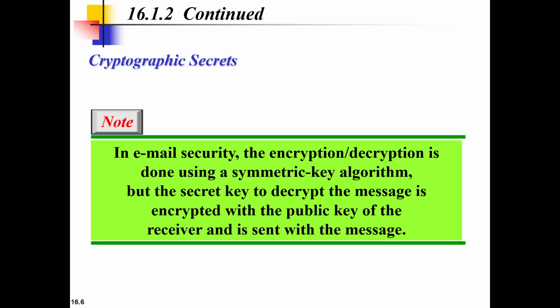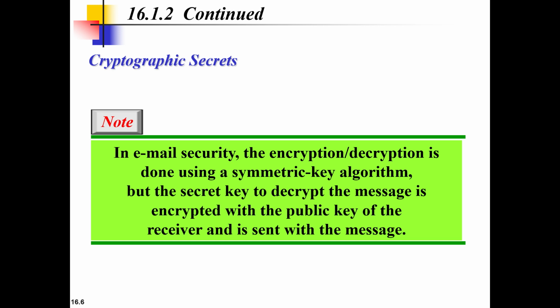Now the same problem for the cryptographic algorithms applies to the cryptographic secrets, or what we call keys. If there is no negotiation, how can the two parties establish the secrets between themselves? Alice and Bob could use asymmetric key algorithms for authentication and encryption, which do not require the establishment of a symmetric key.